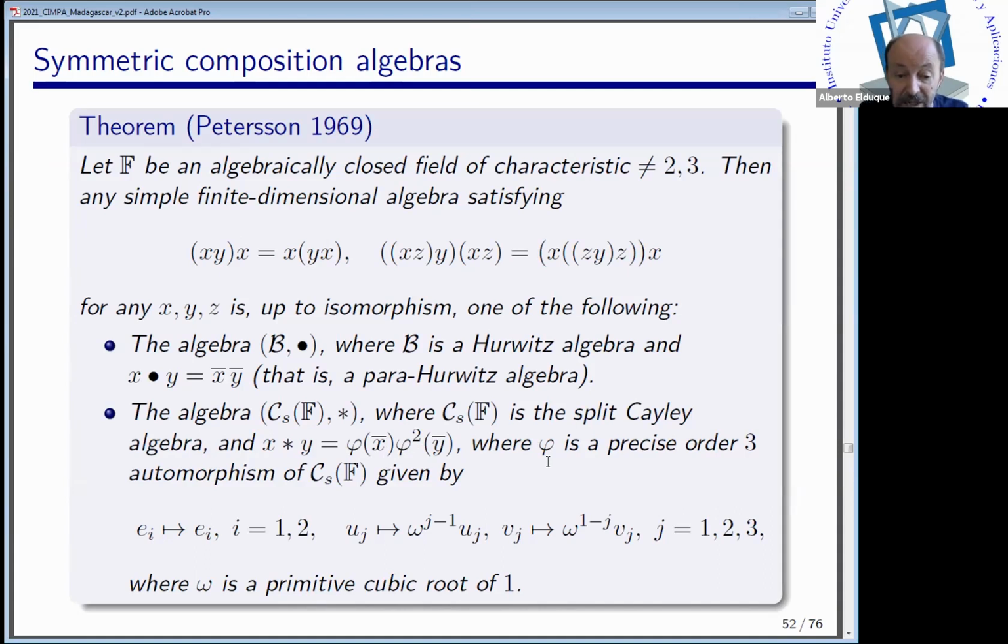And this is precisely the automorphism given by Petersson. Remember that in the split Cayley algebra, we may easily find orthogonal idempotents, e1, e2. These are fixed by phi. And then we have the Peirce decomposition, and in it there appear two three-dimensional Peirce components that we call U and V.